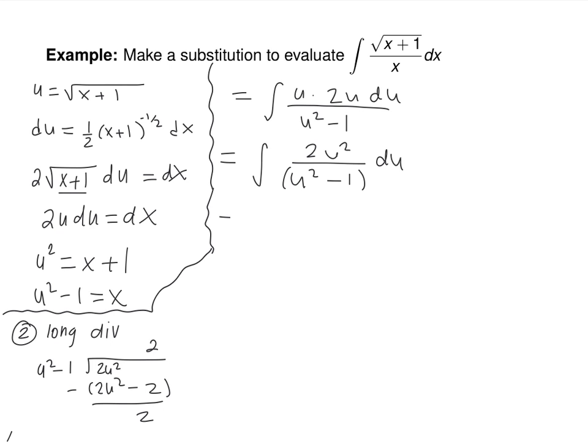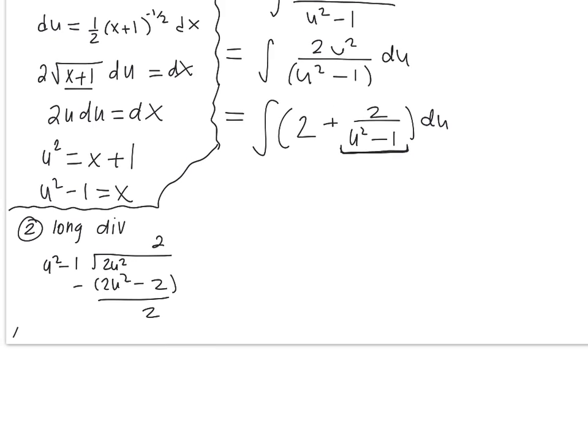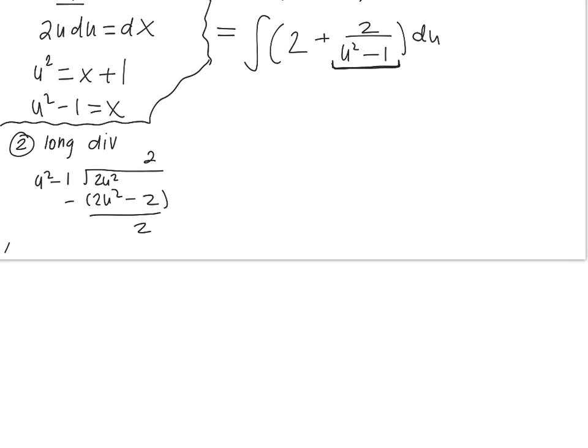So now this can become the integral of positive 2 plus 2 over u squared minus 1 du. So there's the second step. And now the third step is to take this part and break it up using the partial fraction decomposition. Thankfully, the cover-up method will work.